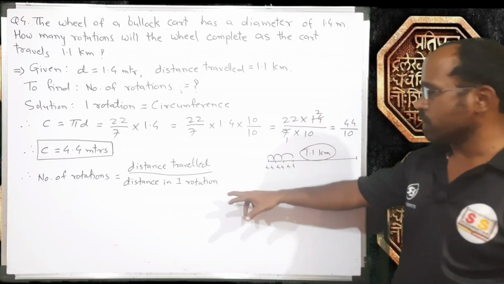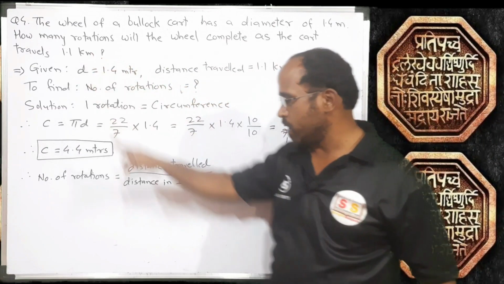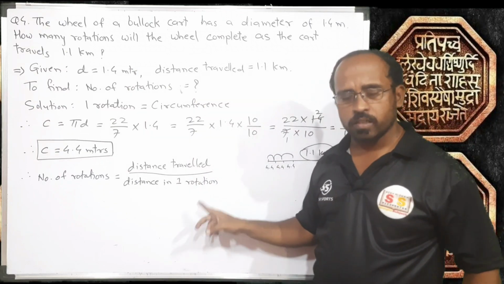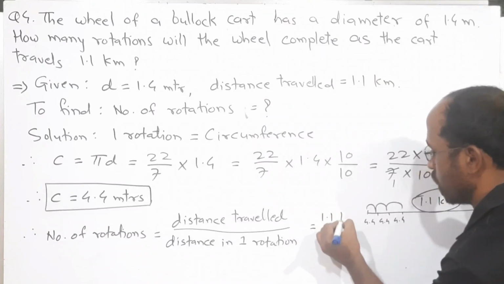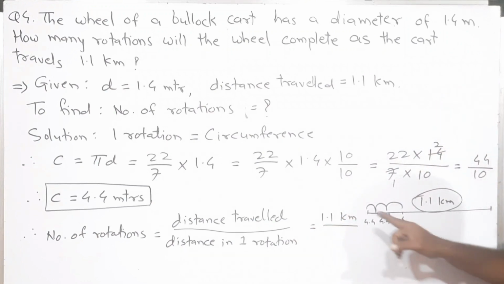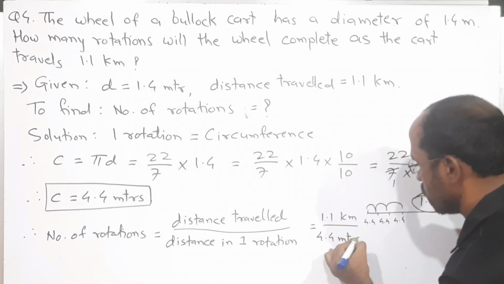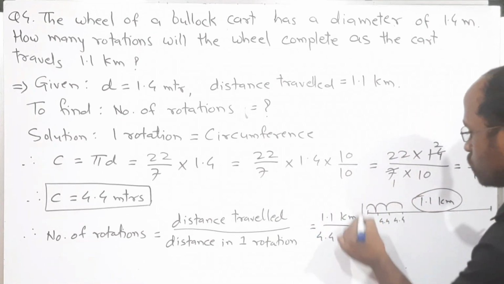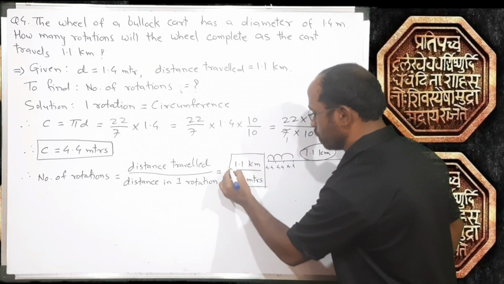But the distance traveled is given in kilometer and the distance in one rotation is in meter. So that is 1.1 kilometer upon 4.4 meters. Such division is not so fair. So what we have to do?